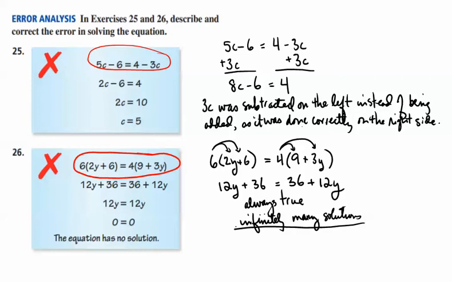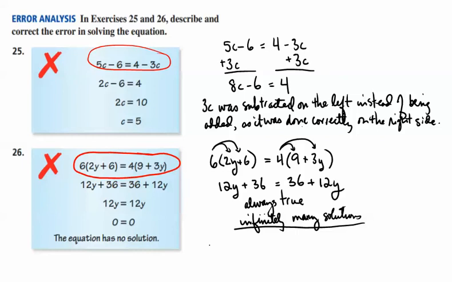So what happened was that the student confused the scenario where you have infinitely many solutions with the scenario where there are no solutions. For no solutions, we need to have two different numbers equal to each other. For infinitely many solutions, we would have two of the exact same numbers set equal to each other, which we have here. 0 equals 0. That's always true.